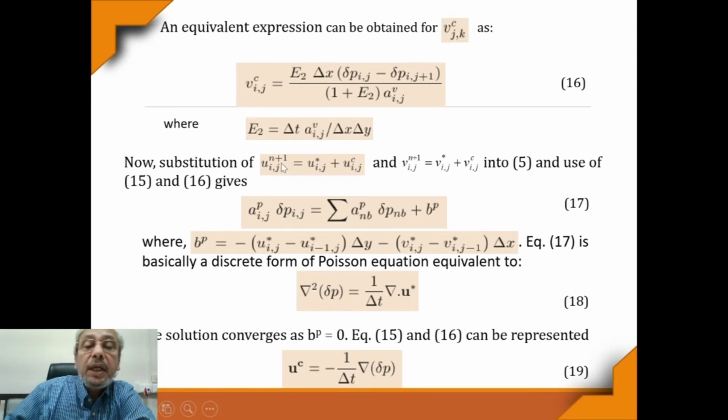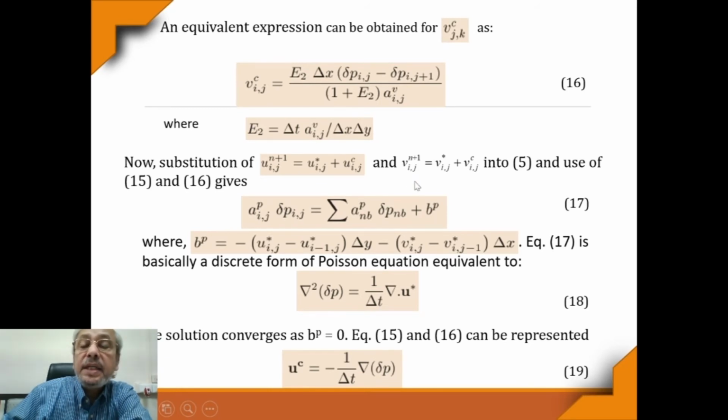So in the original continuity equation, which was equation 5 in the previous lecture, where we derived the discretized equation 5, Uij^(n+1) and Vij^(n+1) are substituted through these starred and correction quantities. Similarly, Ui-1j at n+1 will be substituted.